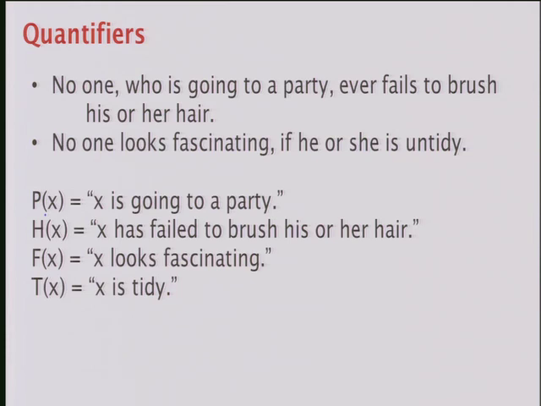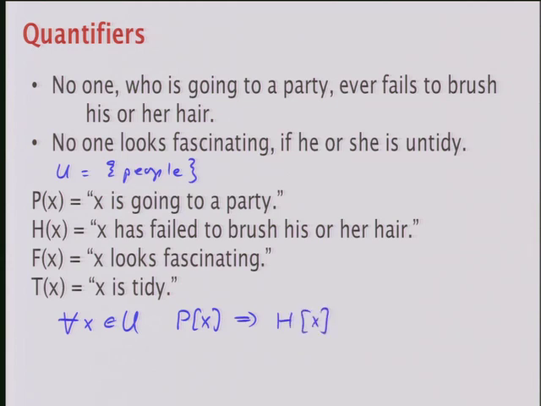Okay, so the way you would write it is for all x. So we have the universe U is the set of all people. So for all x in U, P of x implies h of x, right?